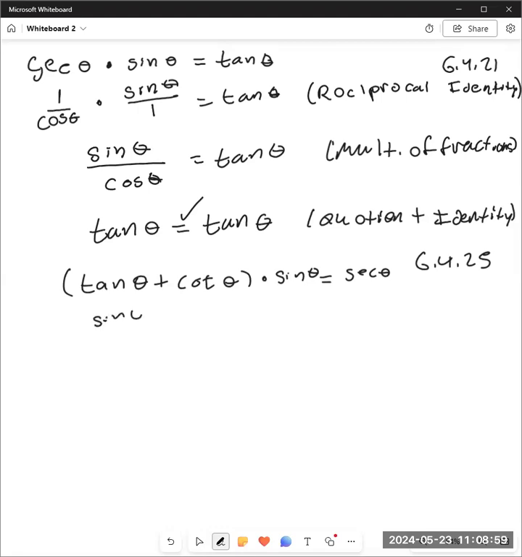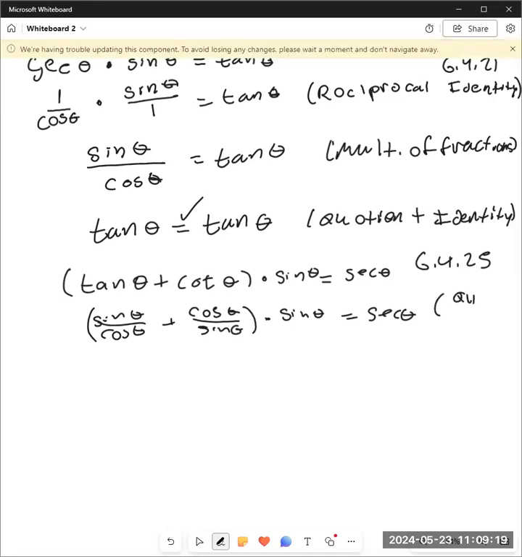That's sine over cosine plus cosine over sine times sine. That needs to be equal to secant. And so far, I've used quotient identities. All right, now I'm going to make a common denominator.